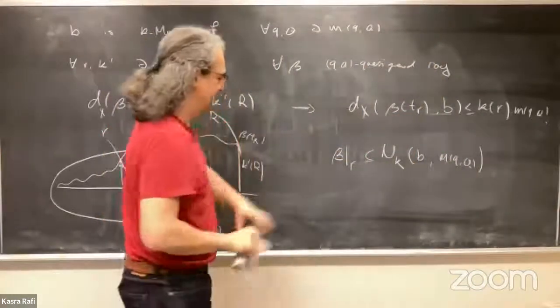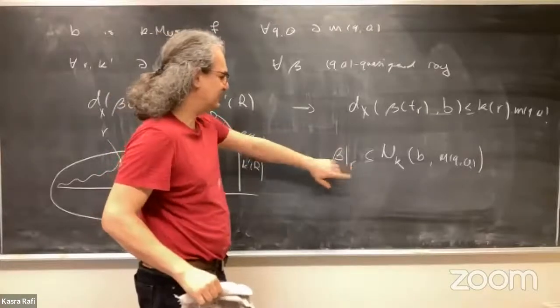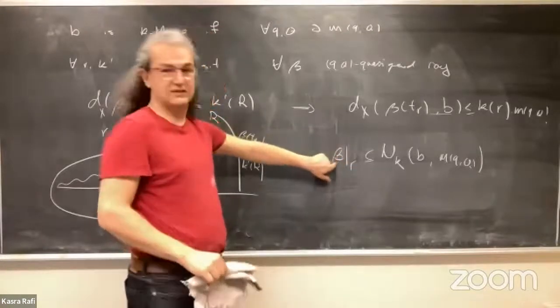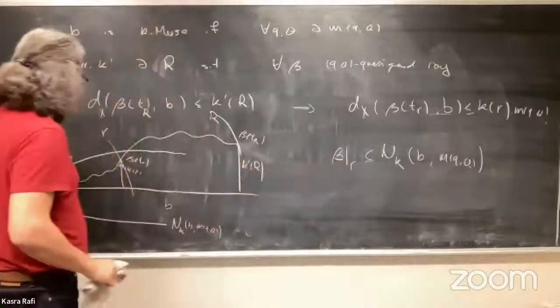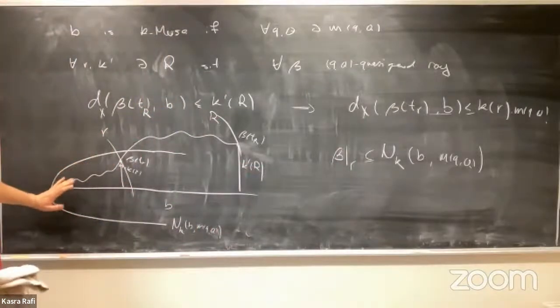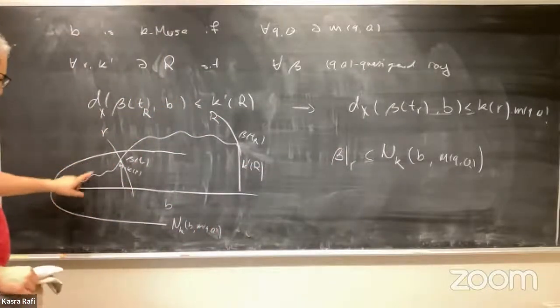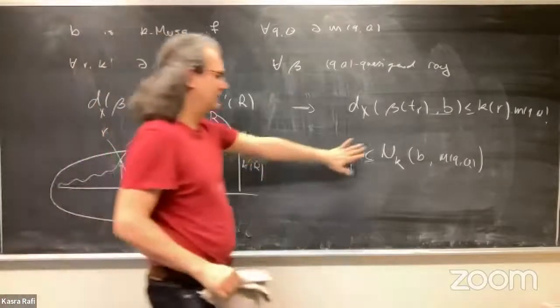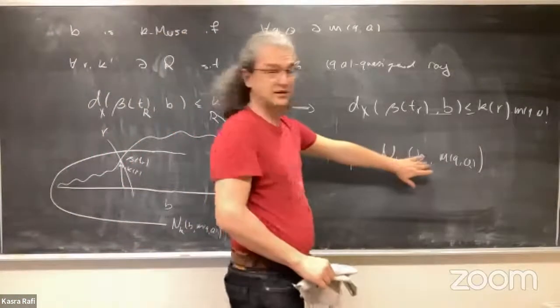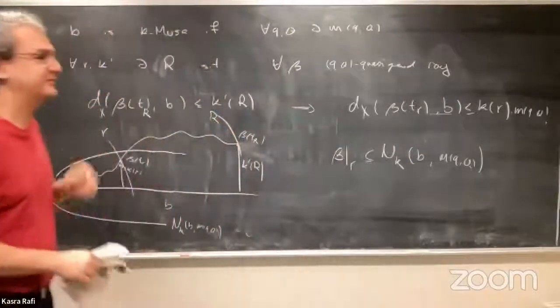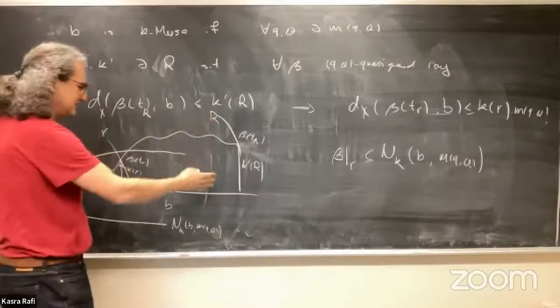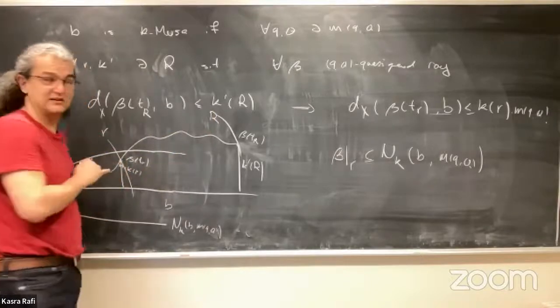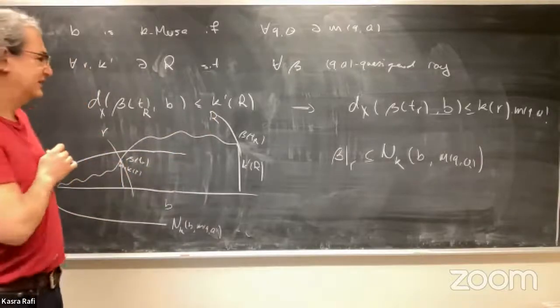B restricted to R is the restriction of the quasi-geodesic beta to the ball of radius R around the origin. So I want the beginning of it to be contained in the kappa neighborhood of the geodesic B. Okay. So it looks like the big R also depends on your choice of geodesic B. So if I give you a different... Correct. That's correct. The big R depends on the choice of beta and the little r. Yeah, it does very much, right? It does.